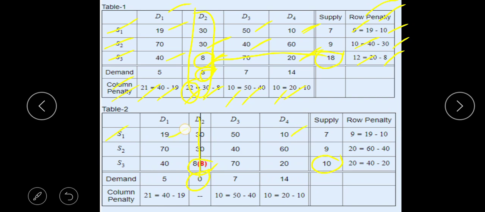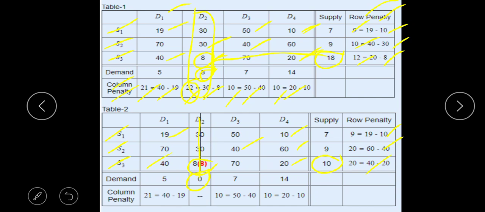Next least cost is 19. So penalty 19 minus 10, 9. S2, least cost 40. Next least cost 60. Penalty is 20. Next S3, least cost 20. Next least cost 40. So 40 minus 20, 20.